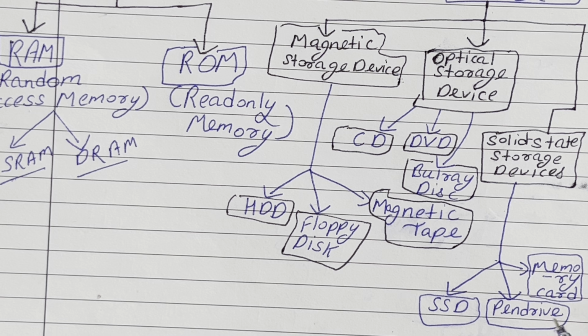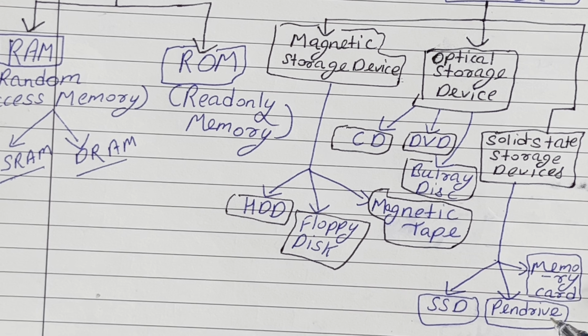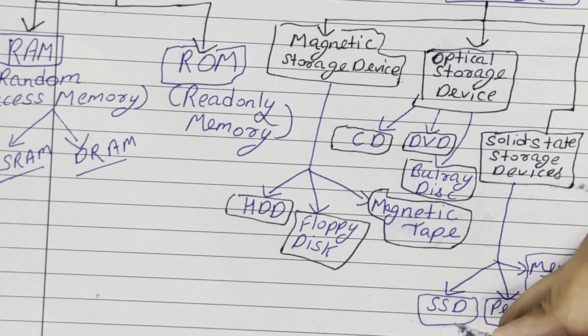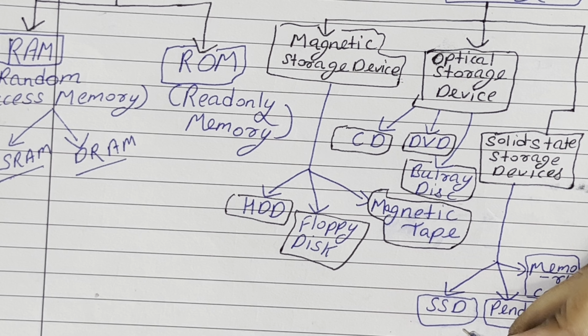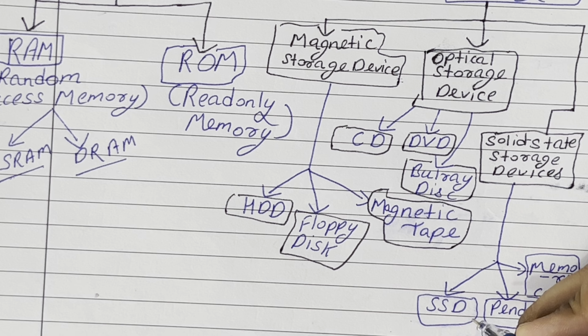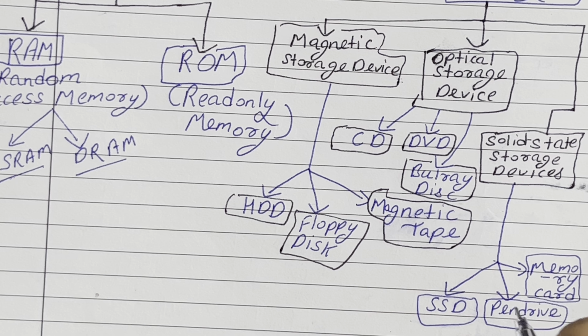Before explaining the pen drive, at least we should know the advantages of SSD. It provides faster data access as compared to HDD. It also provides faster boot time, and it improves application performance.